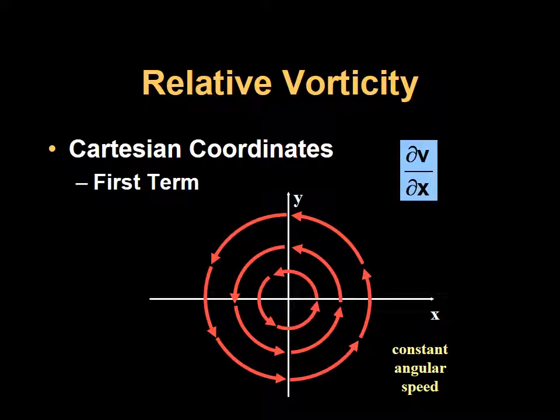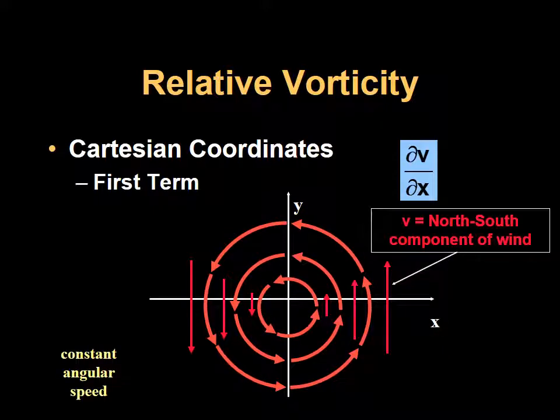So looking at this, as we move away from the center towards the x direction, we see that the wind is getting stronger from the south to the north. The arrows represent the strength, which means that it looks like it's getting stronger as you move out towards the positive x direction. So the change in v, the component of the wind that's moving to the north, is getting bigger as we move in the x direction.